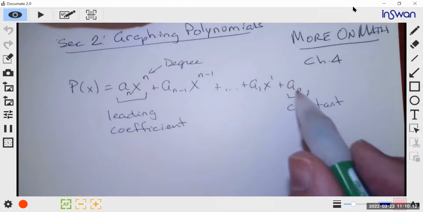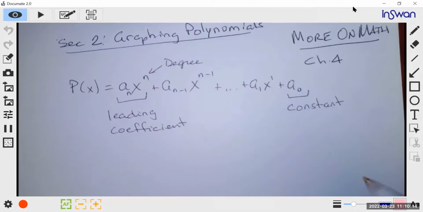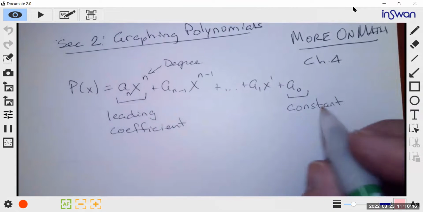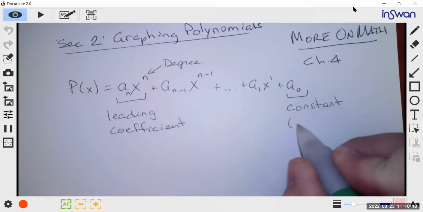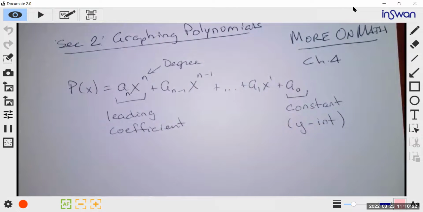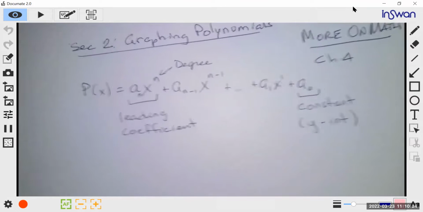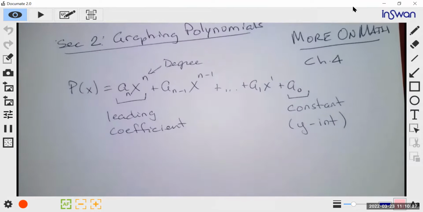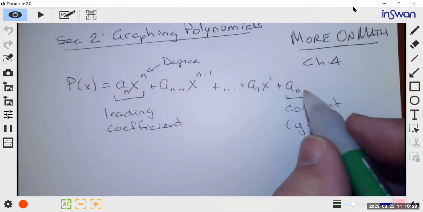If it doesn't have any x's, it's just a number by itself, that's the constant. The constant is always, always, always your y-intercept. That's where the graph is always going to cross through the y-axis, through that constant.